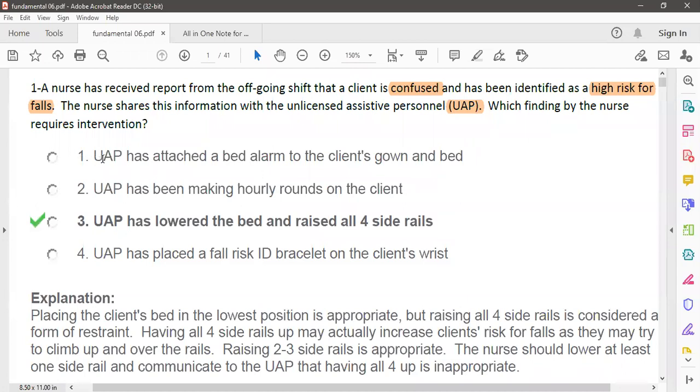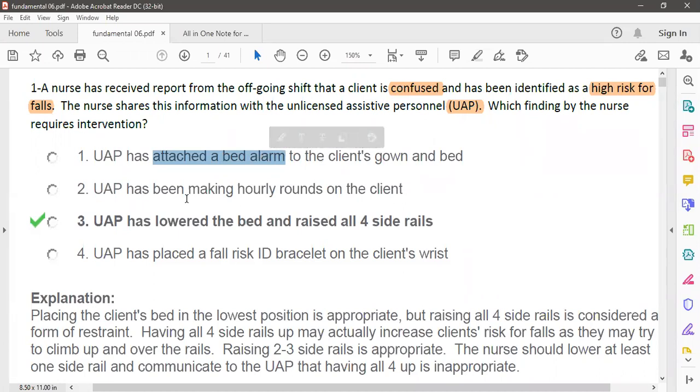Number 1, the UAP has attached the bed alarm to the client's gown and bed. Attached the alarm for a confused patient, you can recall, nothing bad, non-skilled work. It is the responsibility of the UAP.